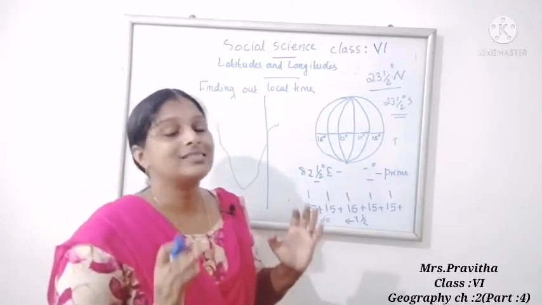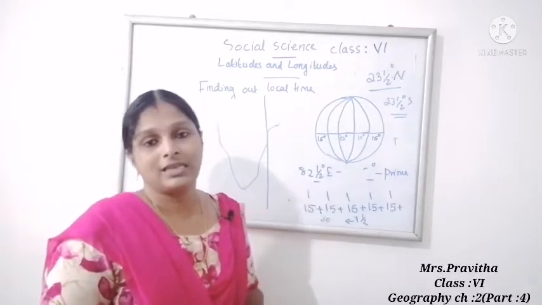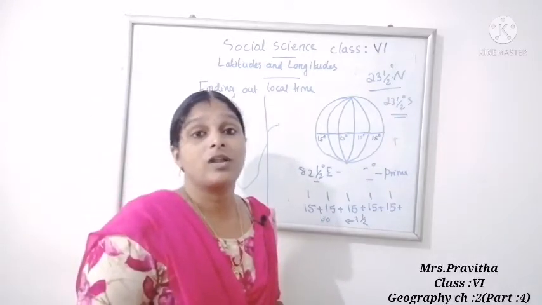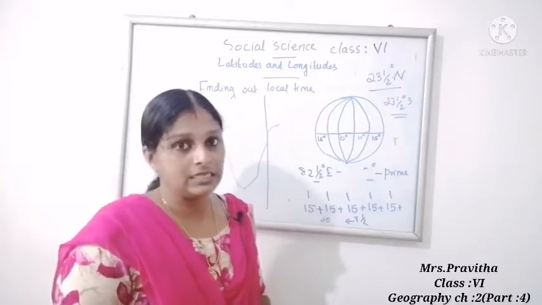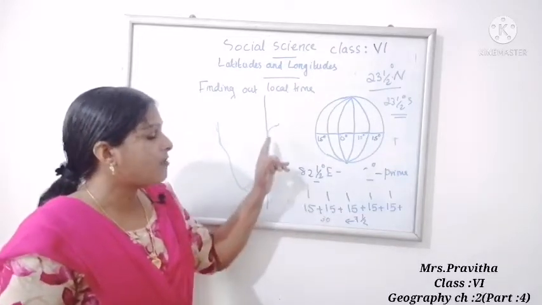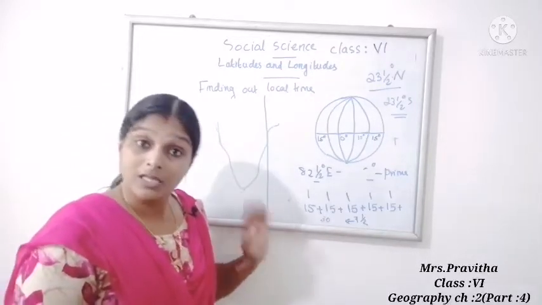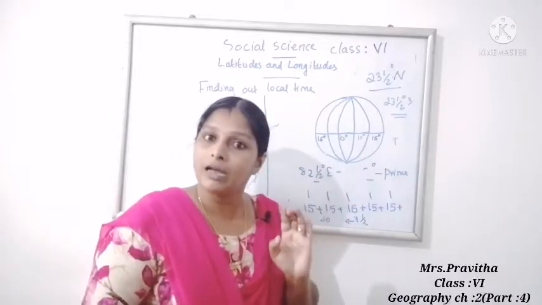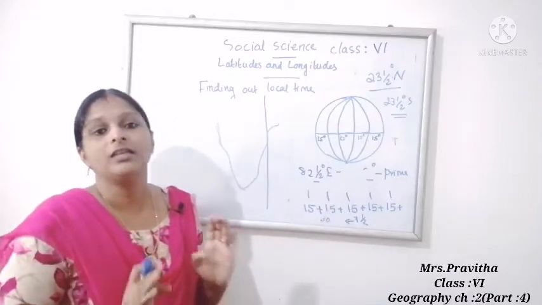So to avoid such confusion, India selected a standard meridian for calculating time. This is known as 82.5 east, and that longitude passes through Mirzapur, near Allahabad in Uttar Pradesh. I think it is clear.